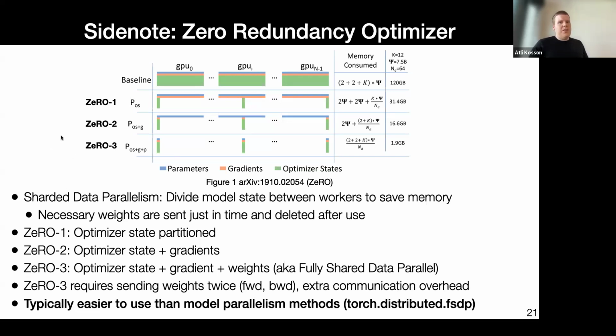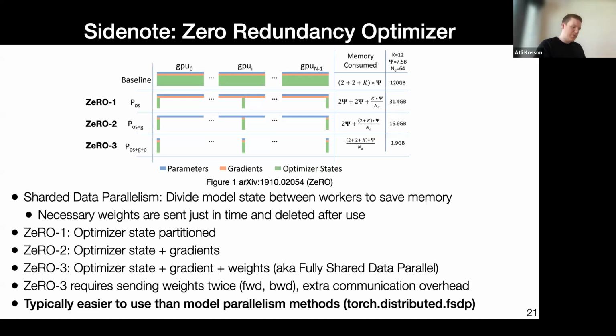Essentially, the way this works is that now, instead of all GPUs storing all the model weights and all the optimizer states, each model weight, let's say for one layer, is only stored on one GPU. During the forward pass, this one GPU sends these weights to all the other GPUs, allowing them to process this layer.